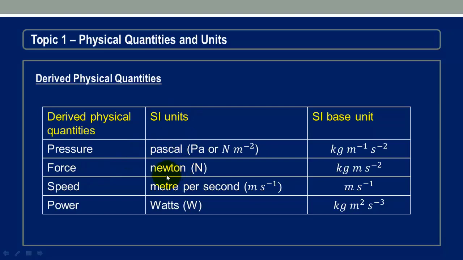Its SI unit is Newton, and the Newton has the SI base unit kilograms meter per second squared. Speed is a derived physical quantity measured in meters per second, and of course the SI base unit is simply meters per second.